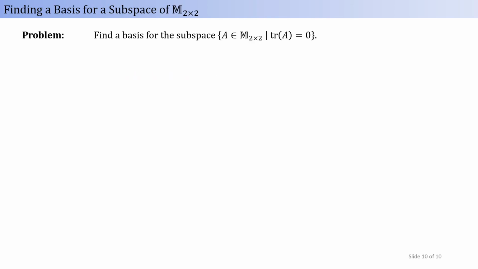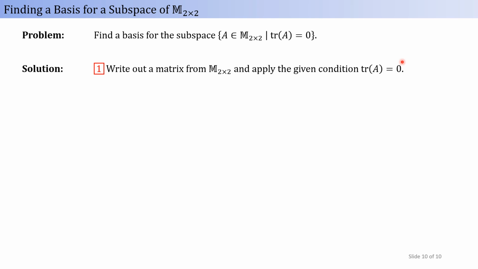Okay, so let's find the basis for a subspace of 2 by 2 matrices. We're supposed to find the basis for the subspace of all matrices that are 2 by 2 such that their trace is 0. As we saw with the polynomials, or with any vector really, you just want to write out the standard form of the vector space, and you apply the given condition.